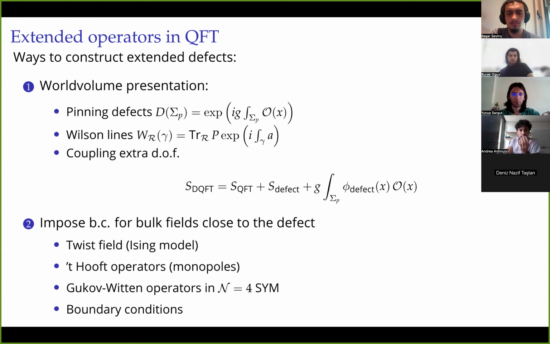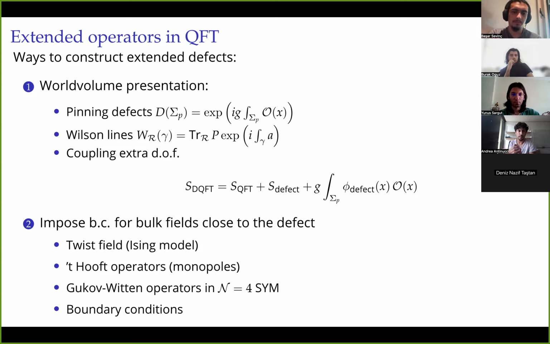To give you some examples to keep in mind of what an extended defect can possibly be, there are roughly speaking two classes of ways of introducing an extended defect. One is what we may call a worldvolume presentation, meaning that you write operator equal to something, and you have to say what this something is.